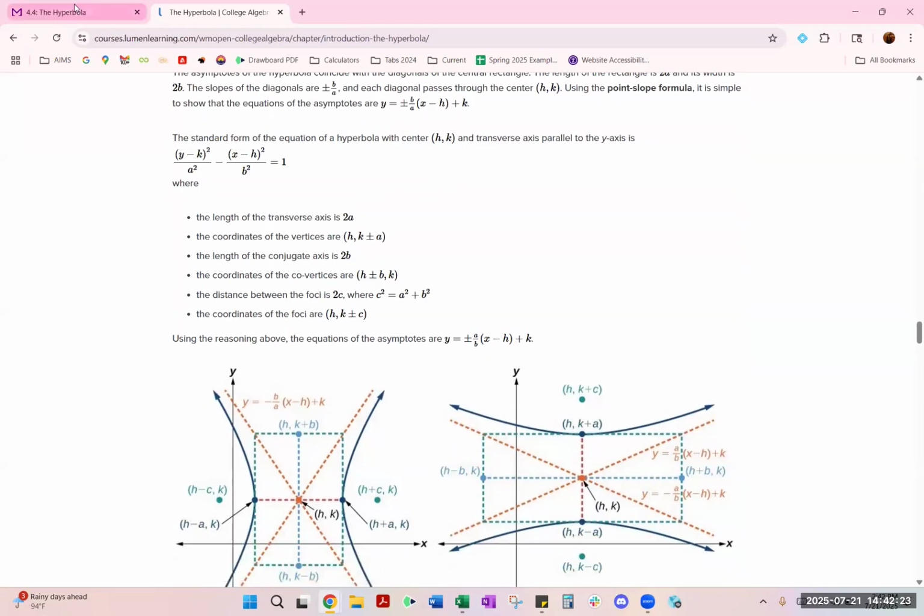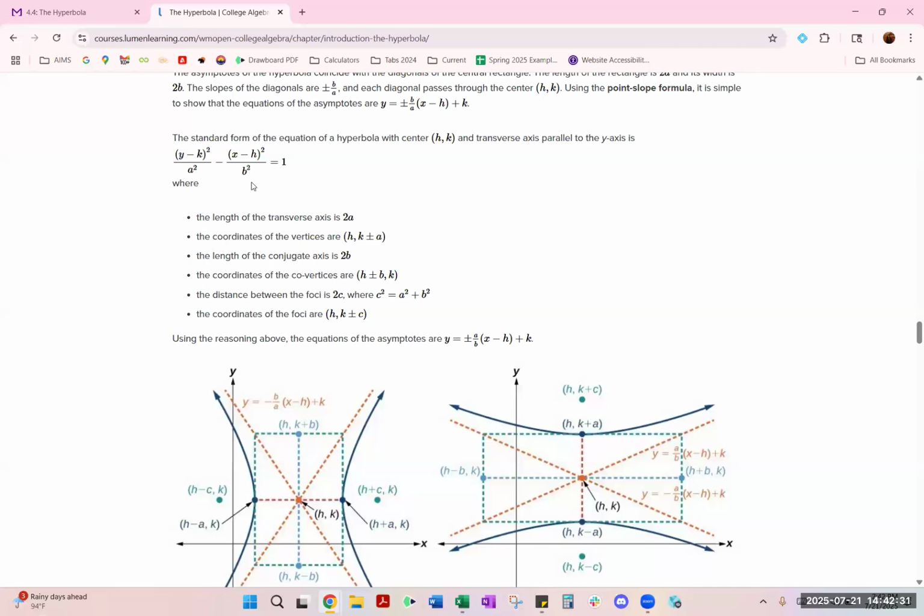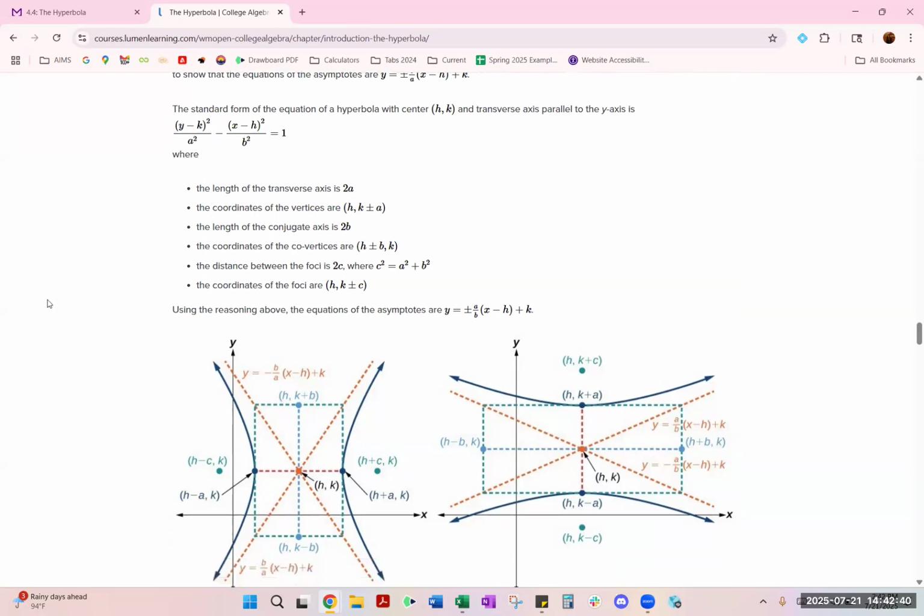So looking at this equation in our example for question 2, we definitely have the y coordinate value first, right? So that's telling you that our hyperbola is going to be centered at (h, k). We will need that information because that's going to be crucial for the graphing part of it.